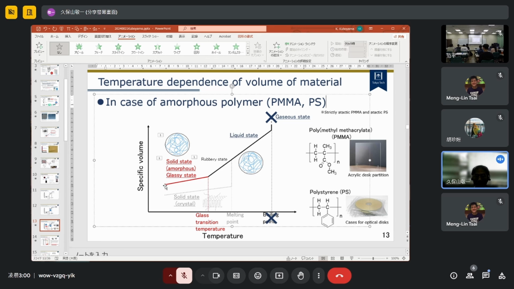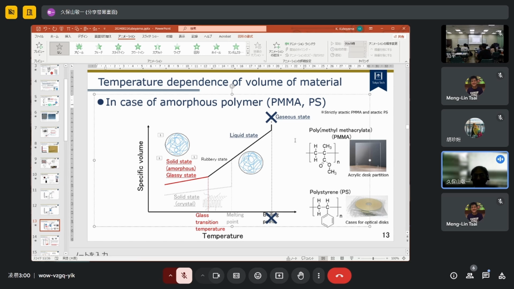And when you heat the PMMA or PS, at the glass transition temperature, the polymer chain can move, so it changes to the rubbery state. When you increase the temperature, the volume increases, and this one also cannot take a gaseous state.